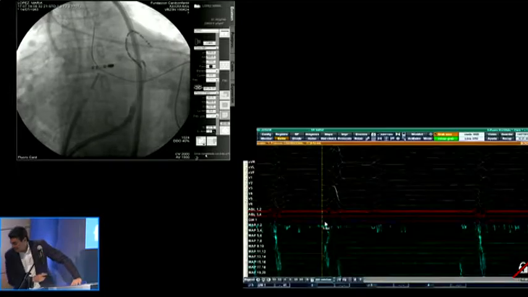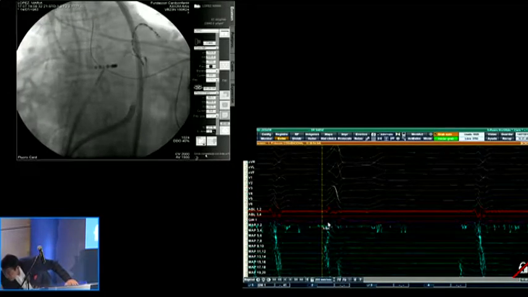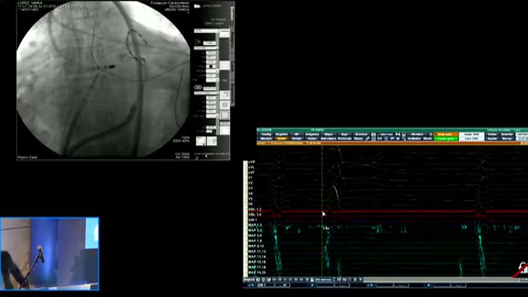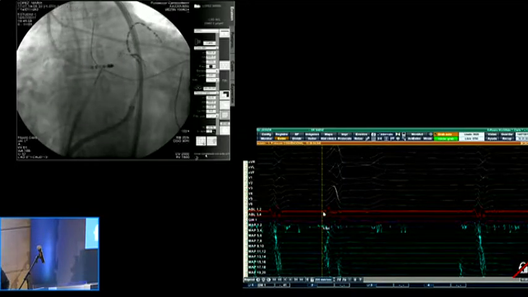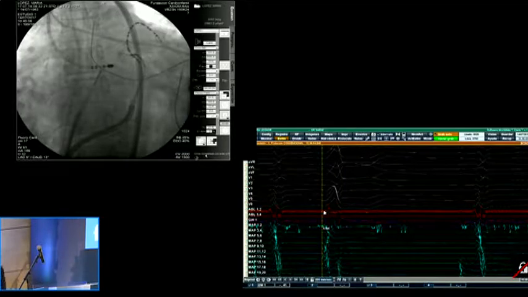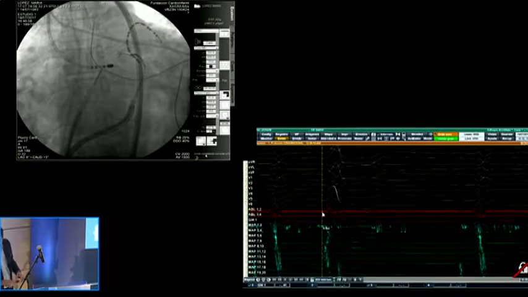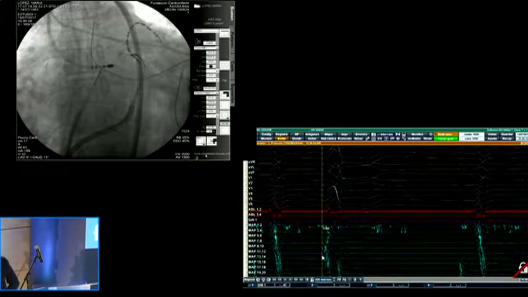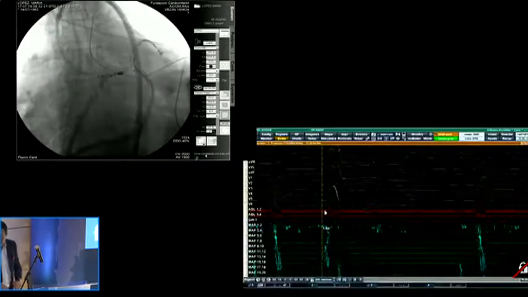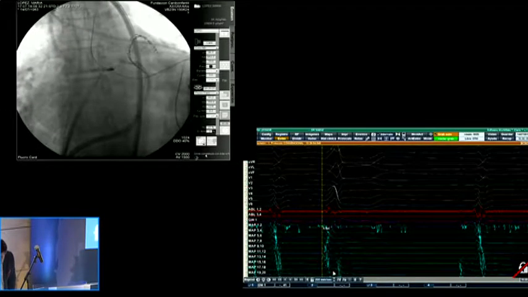The unipolar of the wire is not that early. This zone is worse. And this over here is not a sharp signal. It doesn't pass the midline quickly. It corresponds to this area over here, but it has a round shape. The real signal of the endocardium is this signal over here, but the catheter, since it's placed in the opposite side of the earlier signal, sees a far field of this signal.